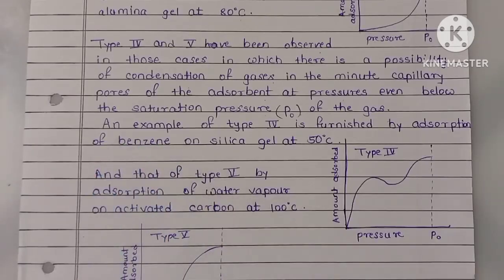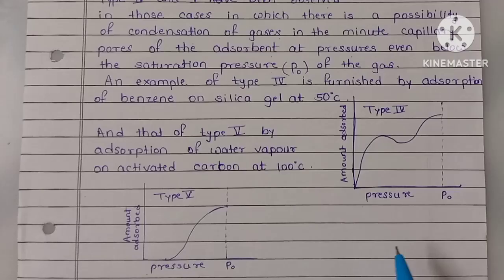And in this graph you can see type 4, as the pressure increases there is a wave formation. And in type 5 also you can see we continuously increase pressure. After some pressure there is increasing adsorption and it continuously increases. How is it possible?